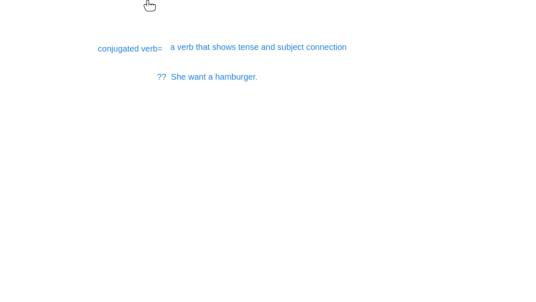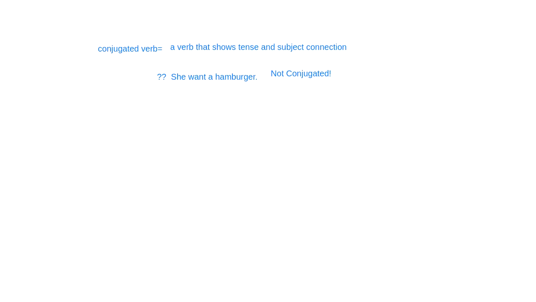I think no. I got a subject, I got a verb, right? Isn't it good? Yes, I think, but I think it's missing the she wants a hamburger. Okay, so this verb want is not conjugated.